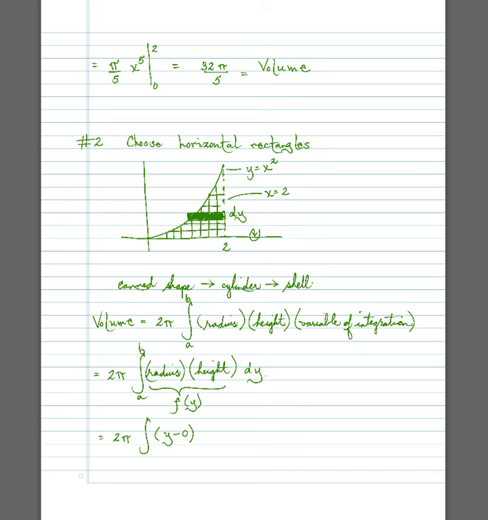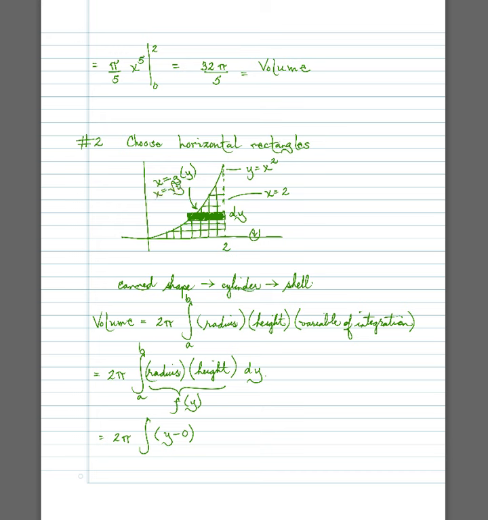So we have to rewrite this function as x equals g of y. Okay? And well, in this case, we can easily solve for x, because y equals x squared, x would in turn be the square root of y. So x equals the square root of y.